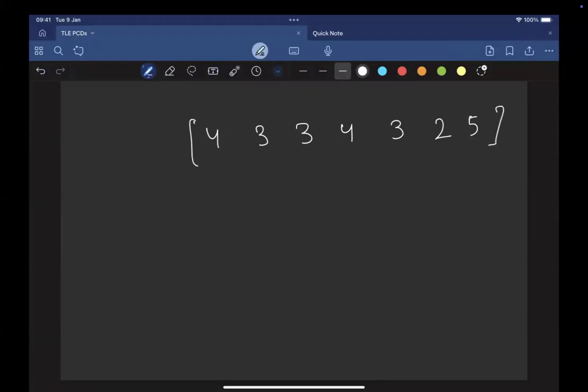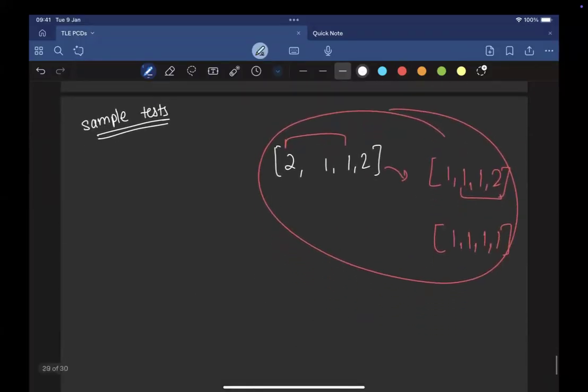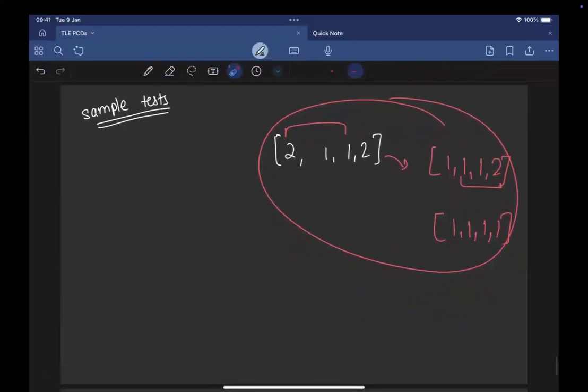So when I had seen the first sample test case, the idea I had got was, if the smallest element is coming two times together, then I can just make the complete array with just the smallest value itself, right?